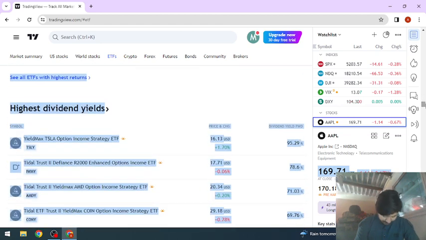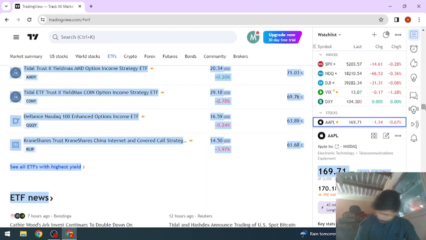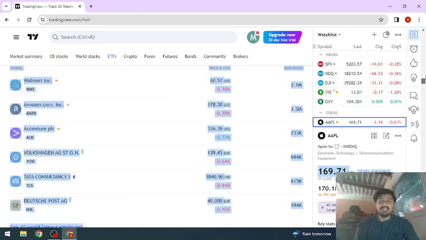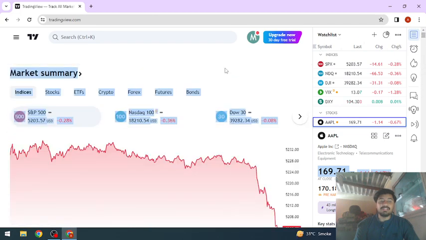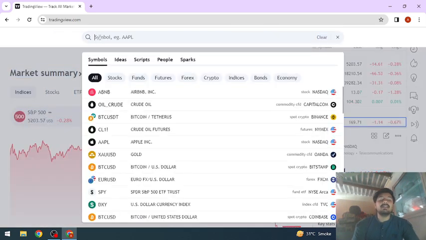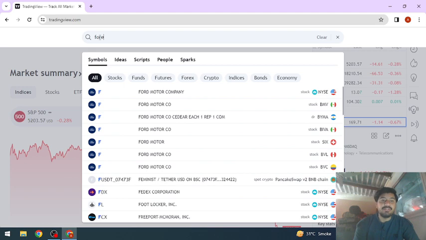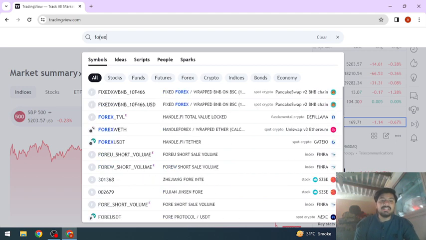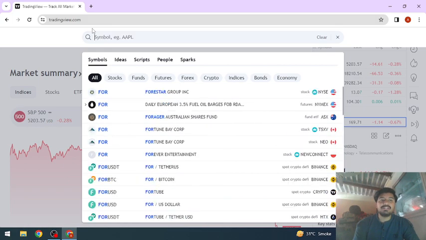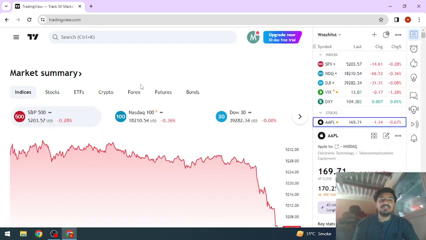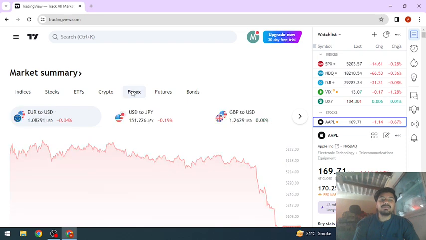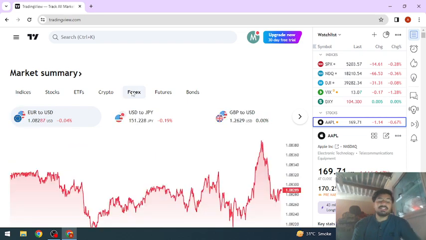So you can see, this is basically the trading application. I want to search for forex trading, forex stocks. So these are the forex stocks. In the search options you can see, when I click on forex, you can see all about forex trading.